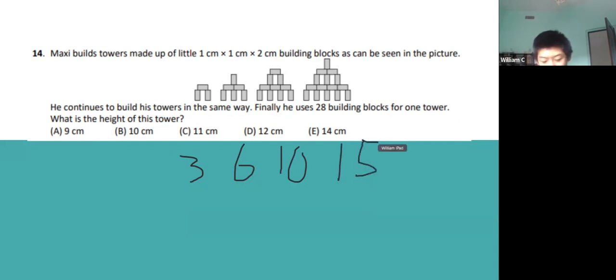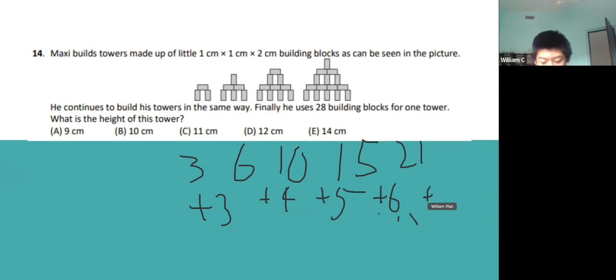You can see our pattern here. Weird pattern, but we add 3, we add 4, we add 5, and so on. So we can add 6 next time to get 21. Then add 7 to get 28.